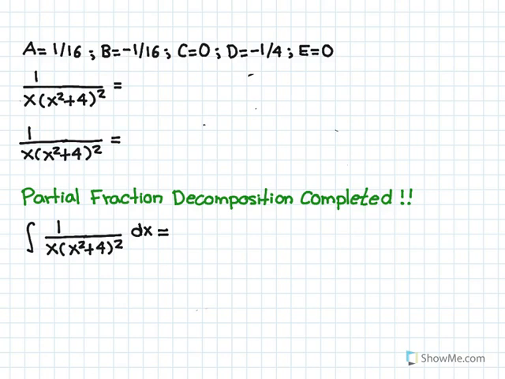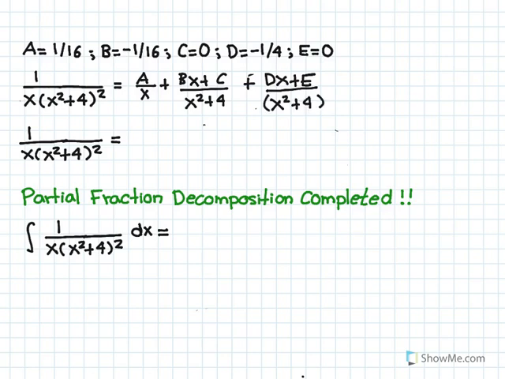So the partial fraction decomposition has the form a over x plus bx plus c divided by x squared plus 4 plus dx plus e divided by x squared plus 4 all squared.